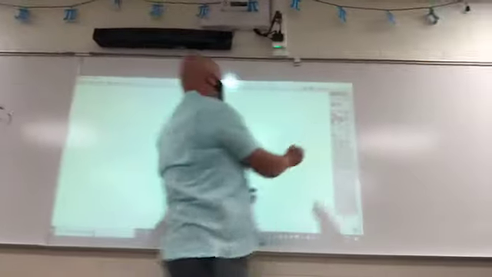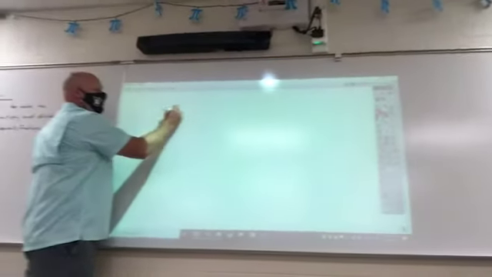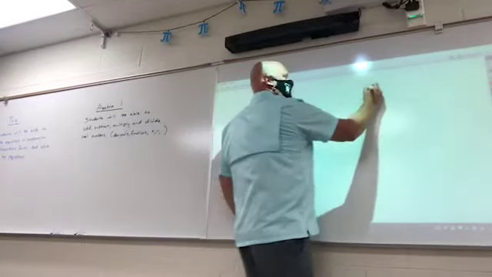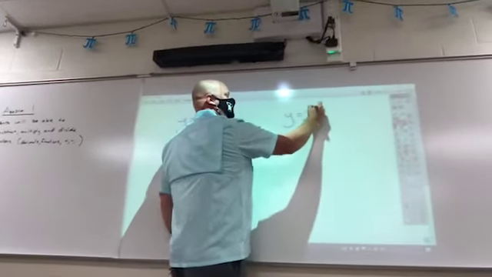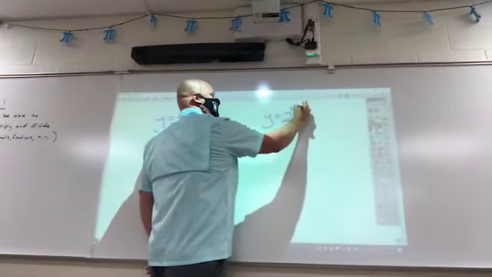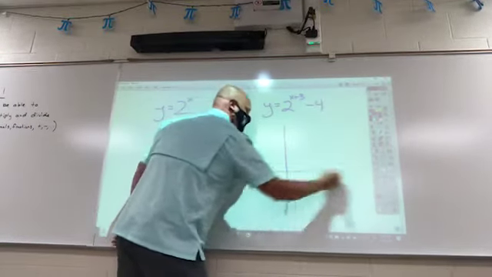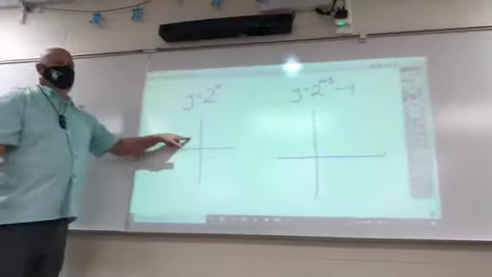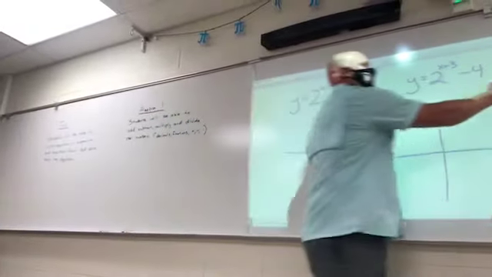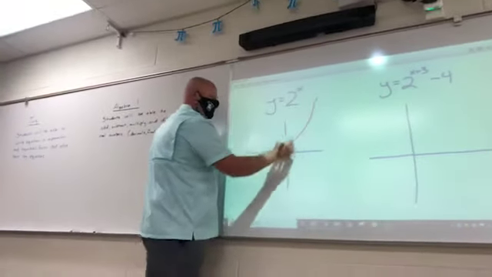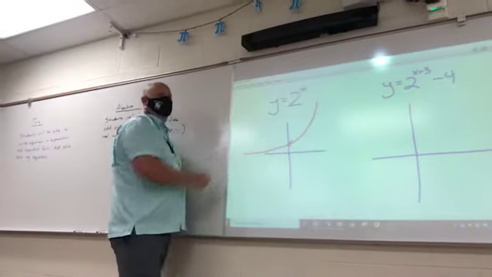If you saw something like y equals 2 to the x versus y equals 2 to the x plus 3 minus 4. This is just your basic exponential growth graph, right? We go through 0, 1, get closer and closer to 0, right?